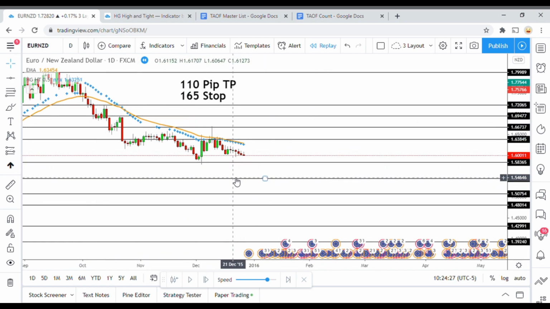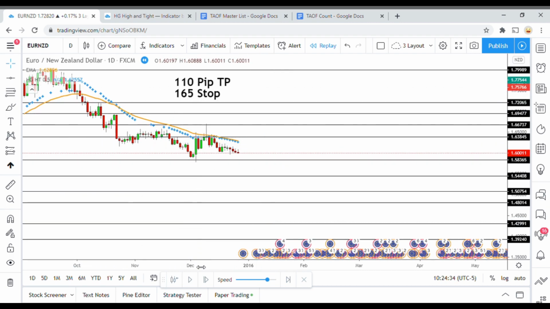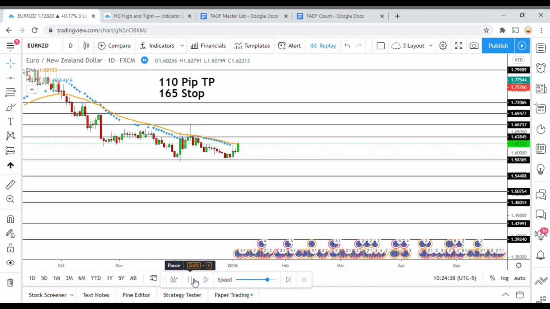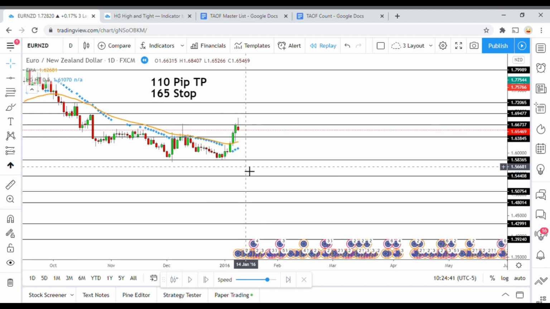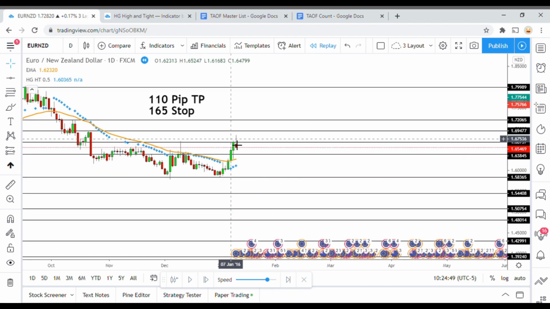And like I said, they will create areas of interest as price action gets to them. And beyond that, yeah, we will be watching our indicator and our moving average to get an idea of what is happening as far as price action goes as well.